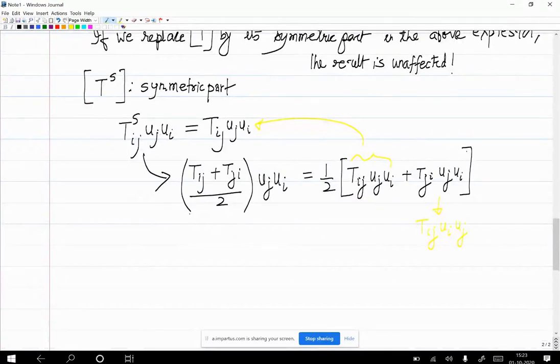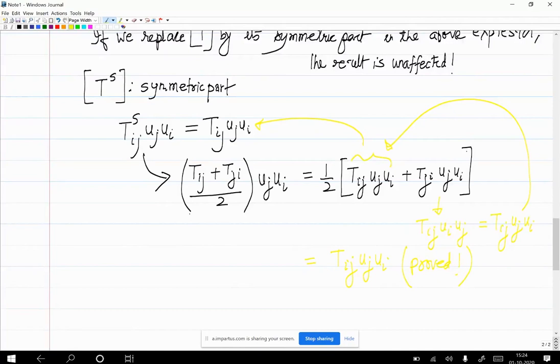And now since they are all scalars, you can shuffle them, and this becomes Tij Uj Ui, because A into B into C is same as A into C into B. And now you see that this is same as here. And then it finally becomes Tij Uj Ui, right? And this is what you had to prove. Okay, so it was quite simple.